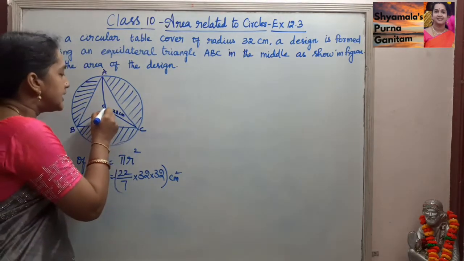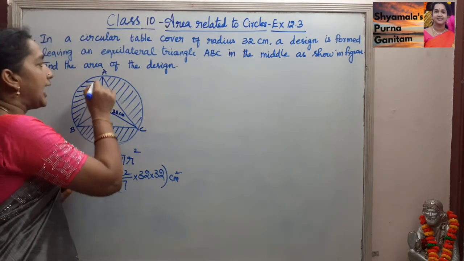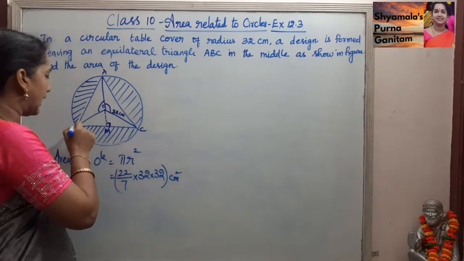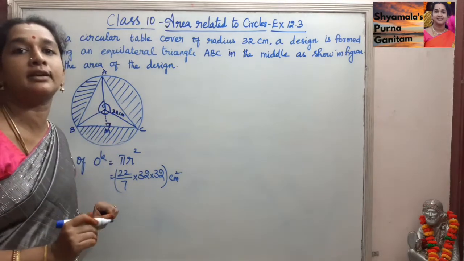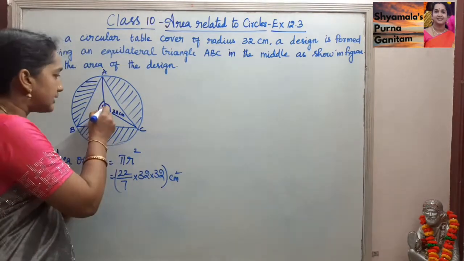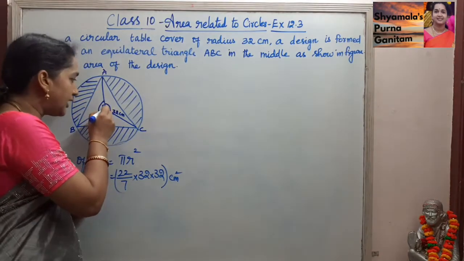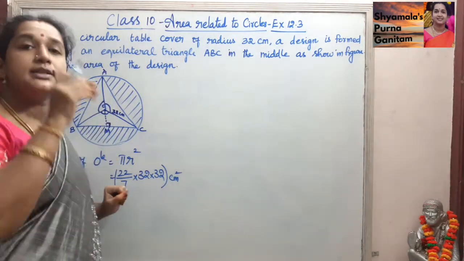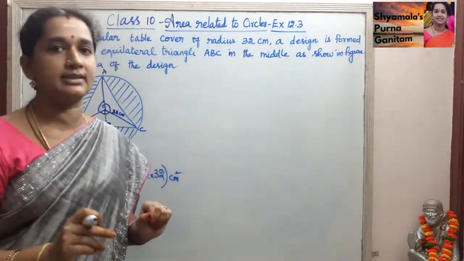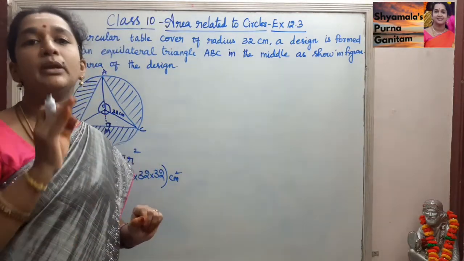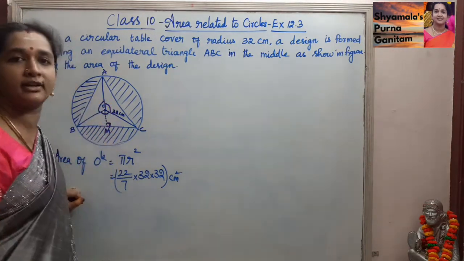The angles BOA, AOC and BOC will all be 120 degree, that is, the center point is divided into 3 equal parts. The angle around the center point is 360 degree, divided by 3 is 120, so each angle is 120 degree.